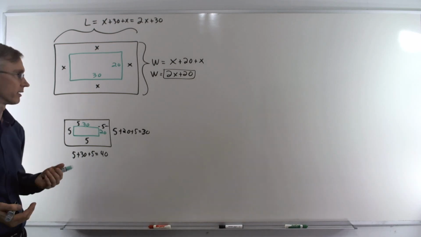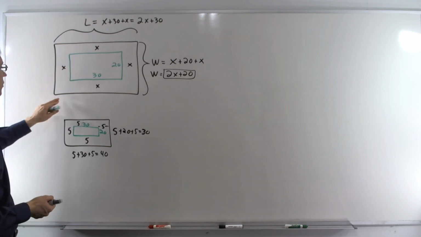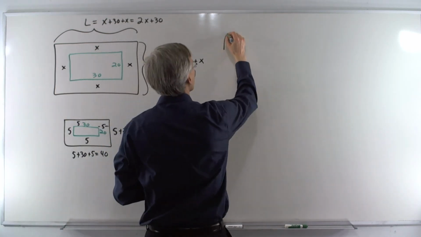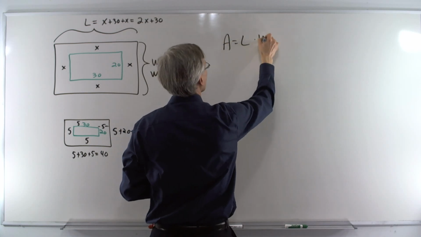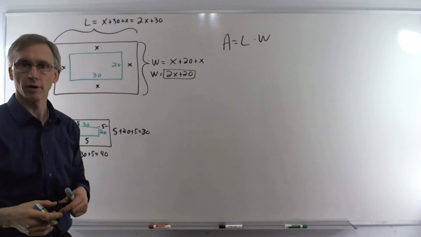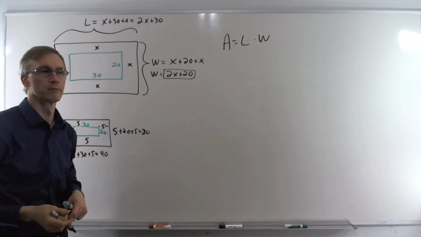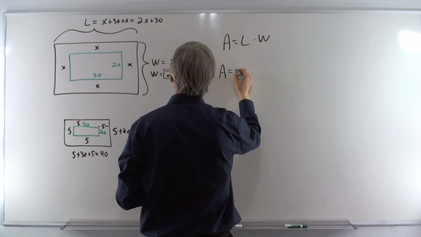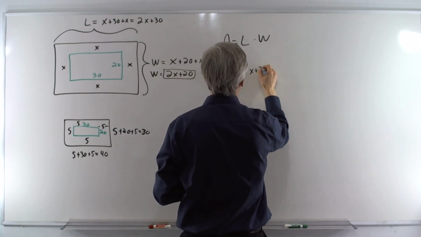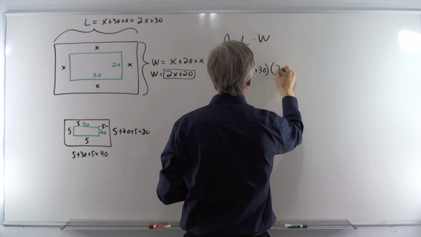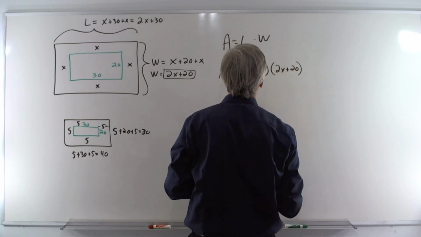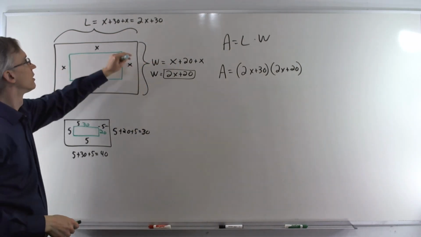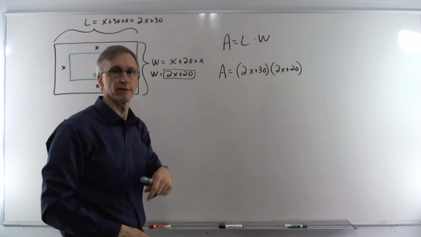Well, now we want to find the area of this whole thing. Area formula is length times width. So go ahead and find an expression for the area. We'll plug in our expressions, 2x plus 20 for the width, 2x plus 30 for the length.